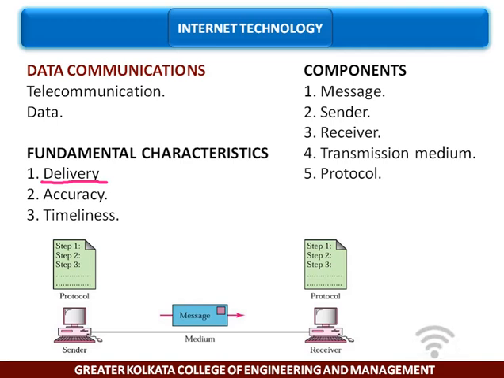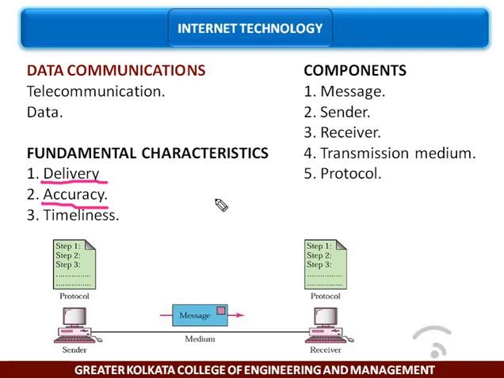Data must be received by the intended device or user and only by that device or user. What does accuracy mean? The system must deliver the data accurately. Data that have been altered in transmission and left uncorrected are unusable.